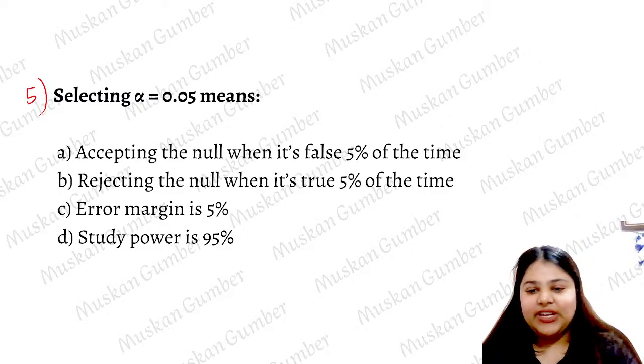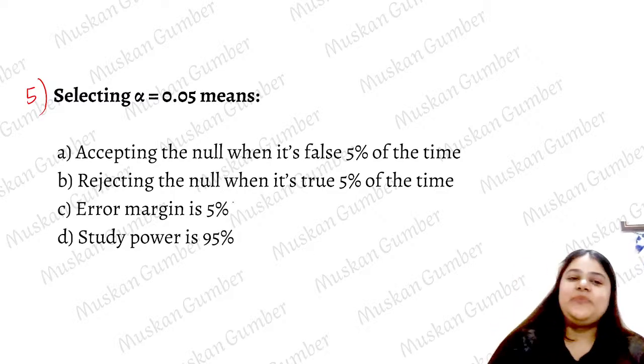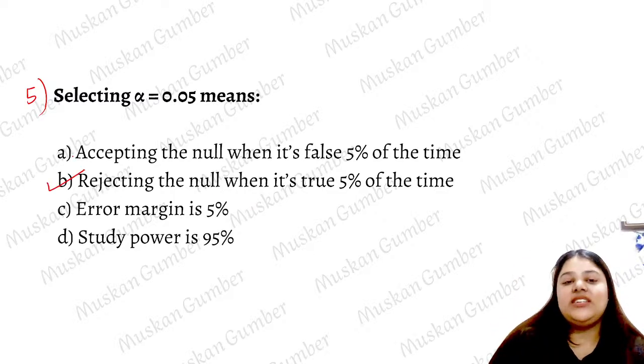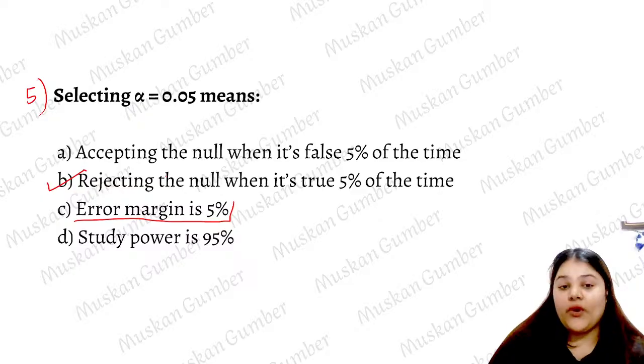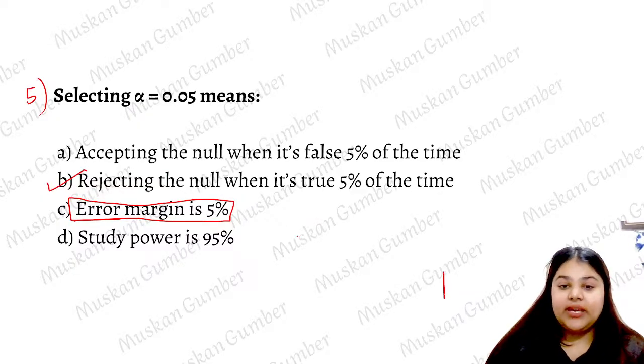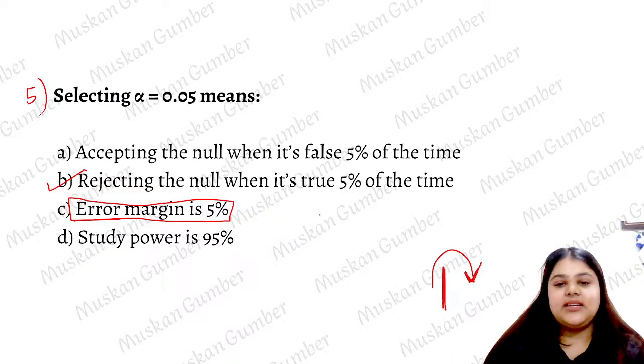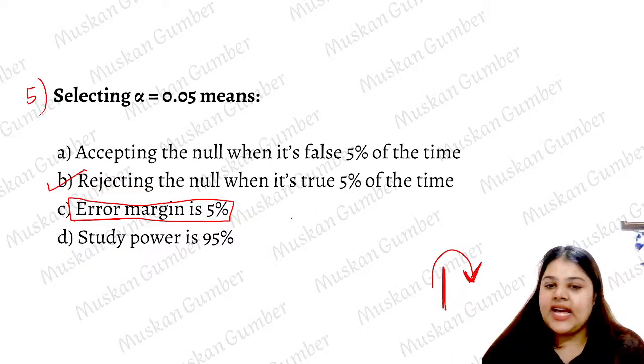All right, everyone, here B will be the correct answer, not C, because this is a cutoff point, not an error margin. It is saying that this is the cutoff point, after which our null hypothesis will be rejected and before this it will be accepted.